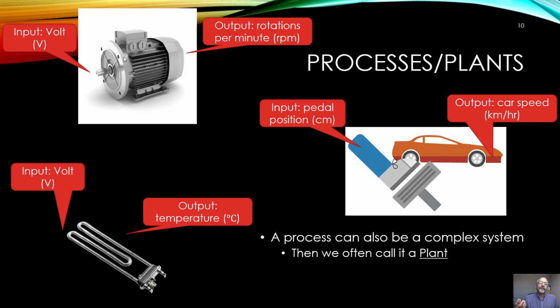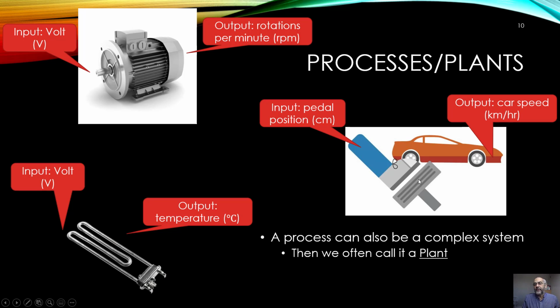The output is the rotation speed, more specifically, number of rotations per minute. If you increase the voltage, the motor will rotate faster, more rotations per minute. Or it could be a heater element, like here. Again, you input a voltage, the output is a certain temperature, and the higher the voltage, the higher the temperature.